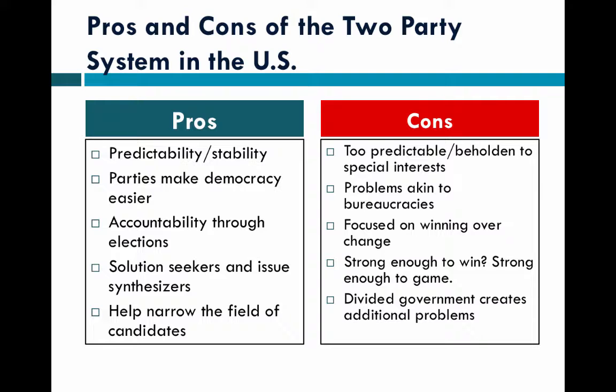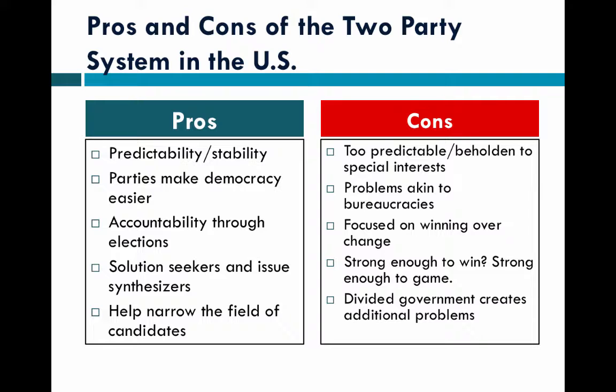The problems that we see with large bureaucracies, red tape, uninhibited growth, slow to move and change, all of those things can happen with the political parties themselves. They are, in fact, bureaucracies. They are focused in the U.S. on winning over policy change, and so winning seats ends up being the goal, and then when it comes time to governing, they lack a cohesive strategy for that.